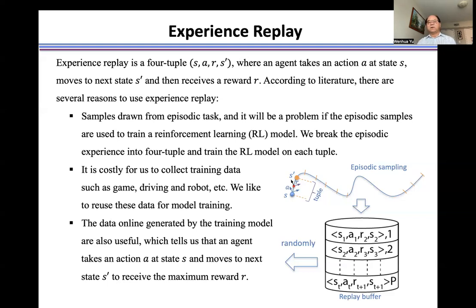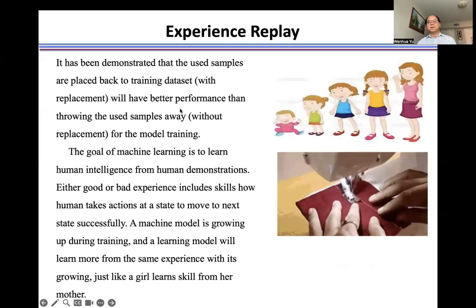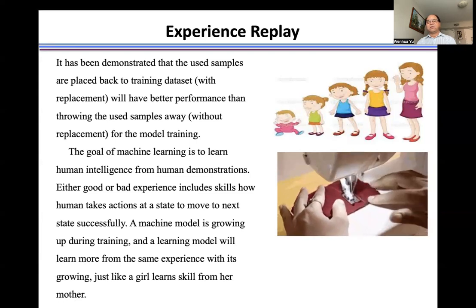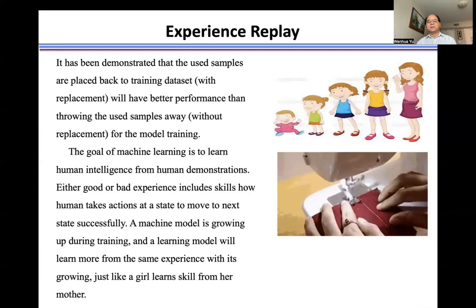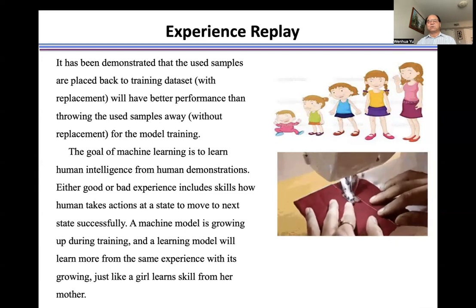However, now I have a new idea to give a more reasonable explanation of the experience replay. First, let's see neural network training. We already know that when we pick samples from a training data set, we have two choices.